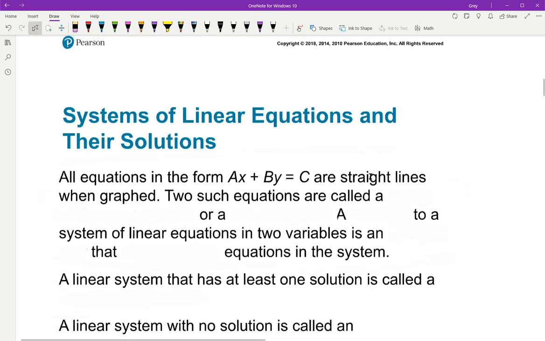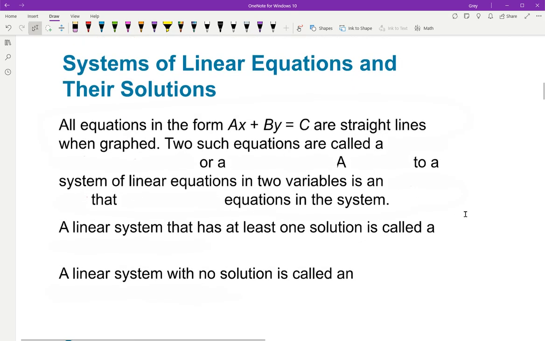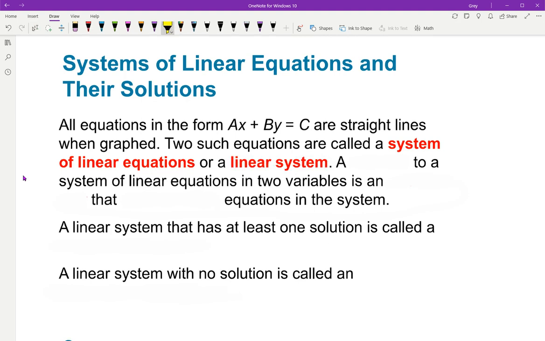Okay, to make sure you know, why is it called a linear system? Anytime you have two or more equations whose graph is a line, it is a system of linear equations, or a linear system. You're familiar with ax plus by equals c, it could be y equals mx plus b, it could be anything.